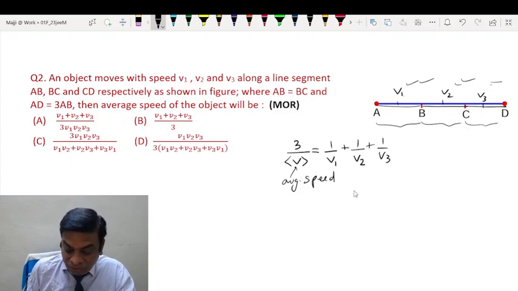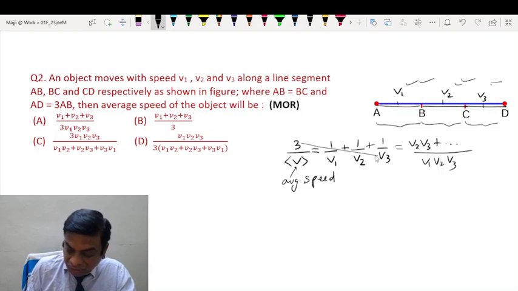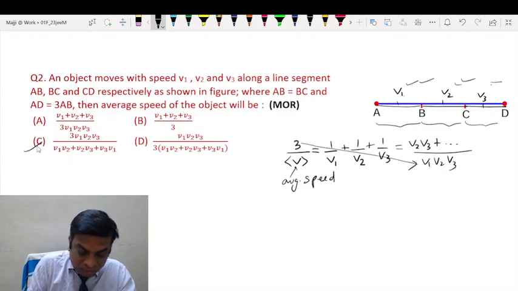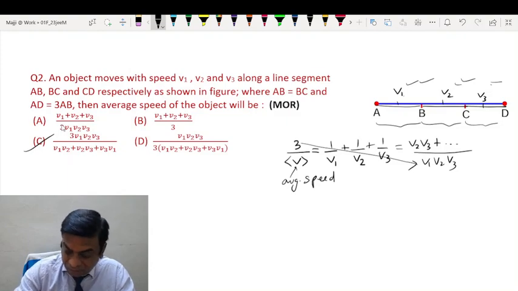Only then you are supposed to use this. Upon simplification, you will have 3 V1 V2 V3 upon V1 V2 plus V2 V3 plus V3 V1. The 3 gets multiplied here. So option C is the correct option.